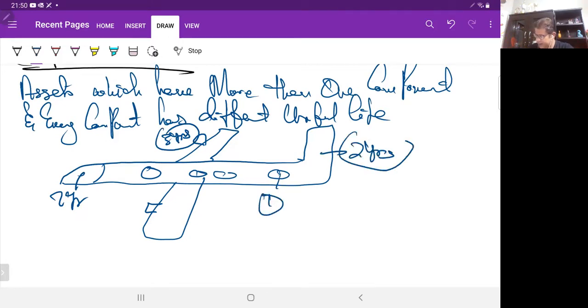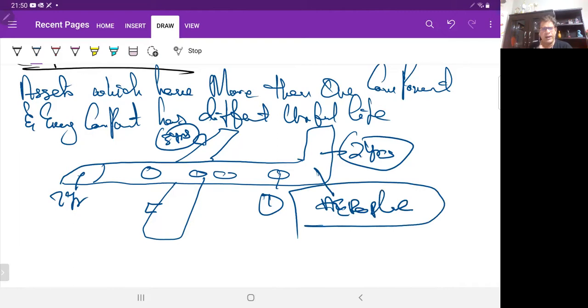These are different components which have different useful lives, and by clubbing all of those components into one, we get one asset, which is the aeroplane. Such assets are complex assets. I hope you get it, and we are done with IAS 16.